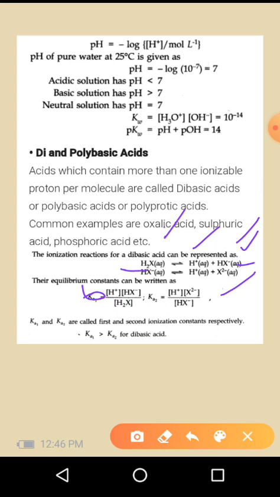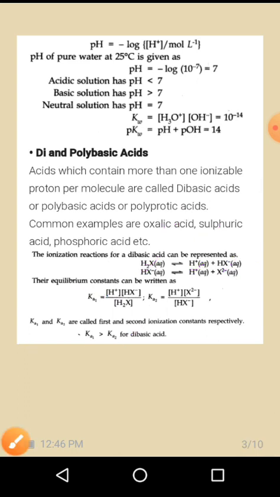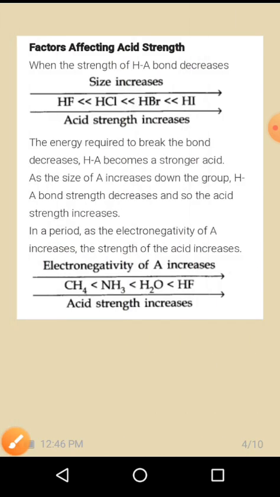For the second equation, Ka2 is the concentration of H plus into X2 minus divided by the concentration of HX minus. Ka1 and Ka2 are called the first and second ionization constants of this acid. Here A stands for acid, and 1 and 2 are for the first and second reactions. So here Ka1 is greater than Ka2 for dibasic acids.